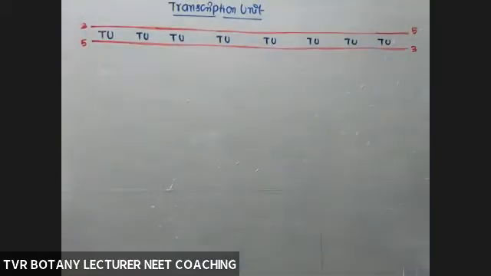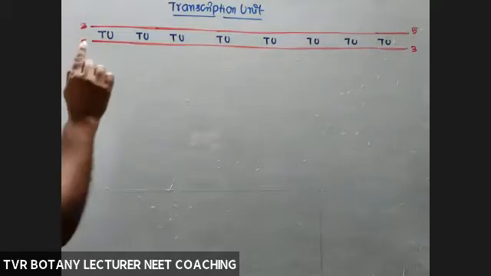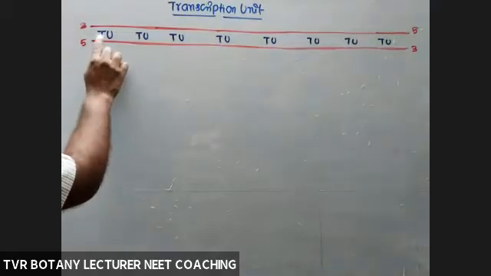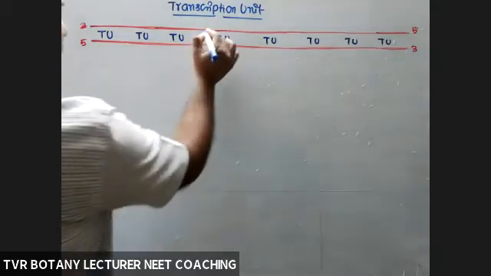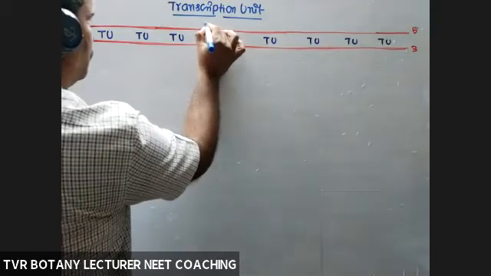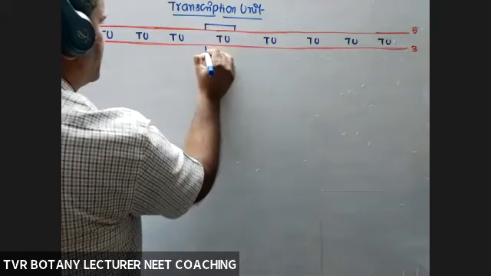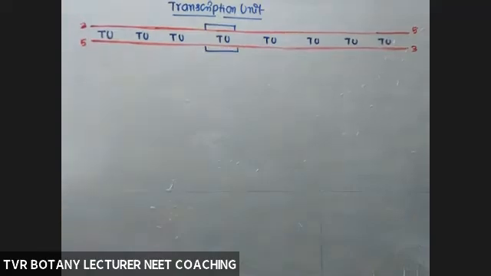Okay, so what about the demarcation of a transcription unit? Any part of DNA where a transcription unit is present codes for synthesis of a protein. So for example, here I'm taking this one. This is the transcription unit, some segment of a DNA.